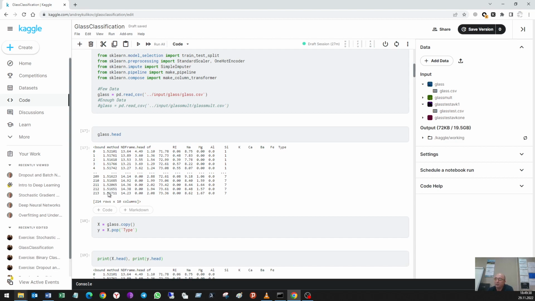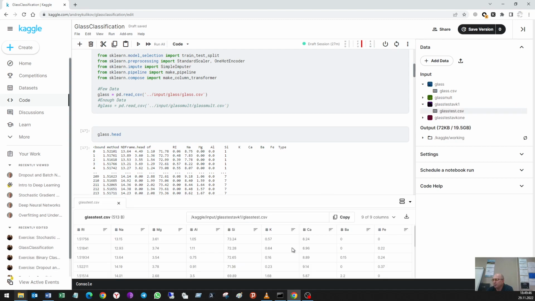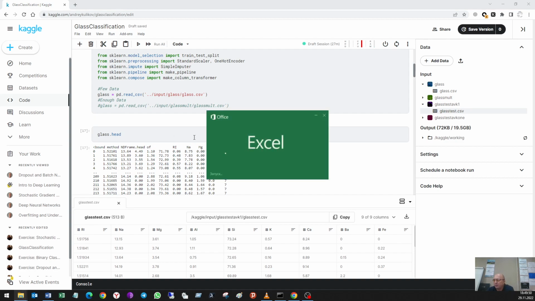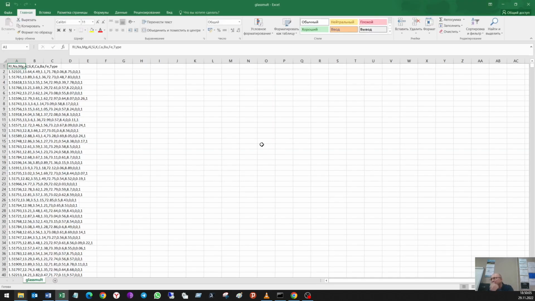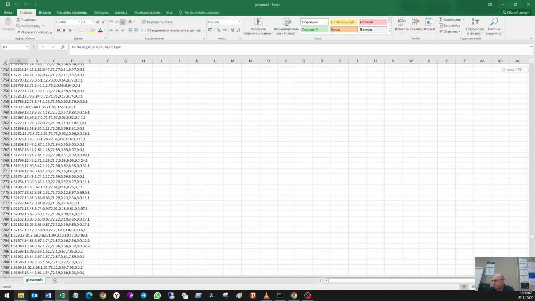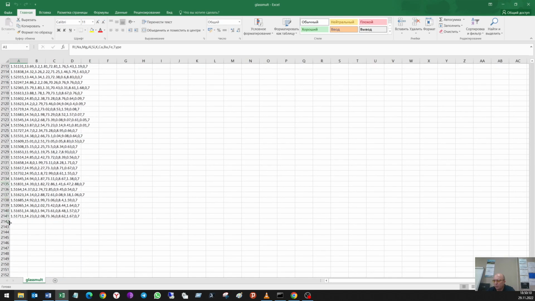And here is this one. So what I did, I multiplied my dataset. Copy and paste, copy and paste, and got the data set with 2000 rows.